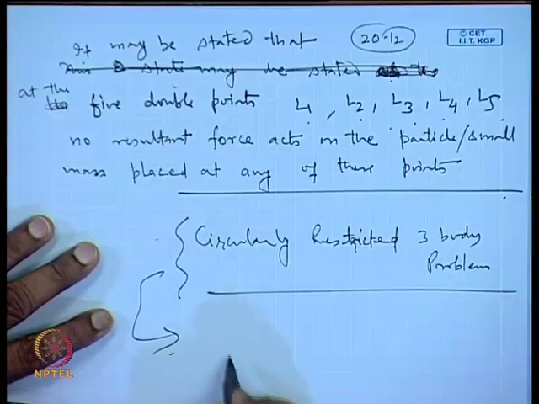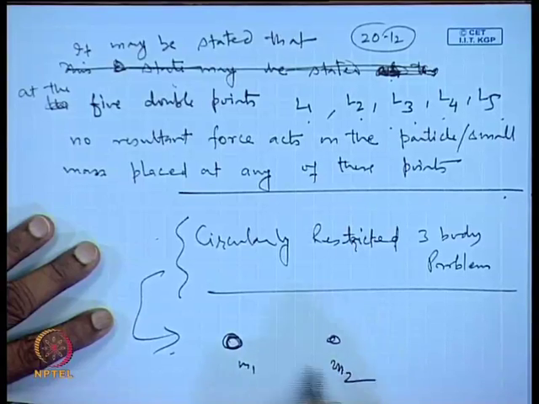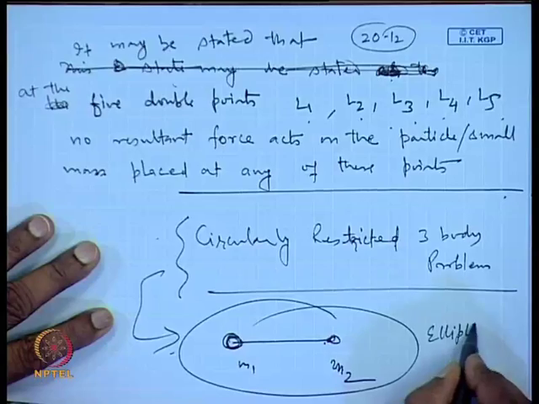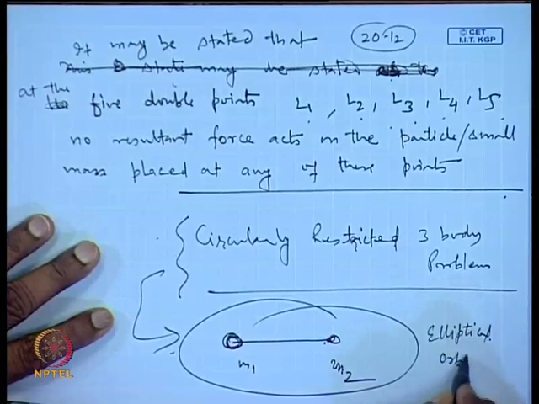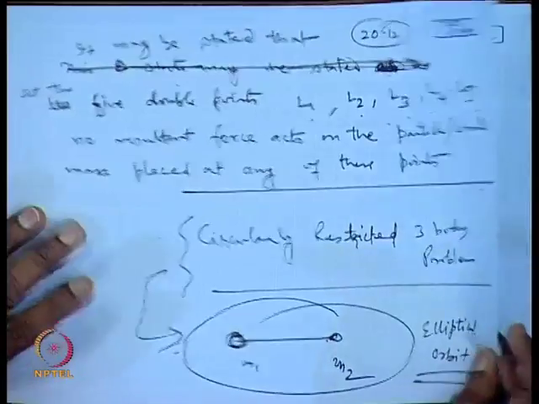If the two primary masses m1 and m2 are moving in an elliptical orbit, then no Jacobi integral exists. This you should remember.